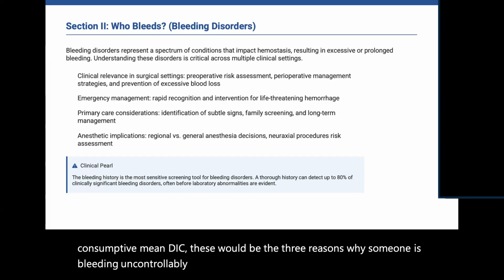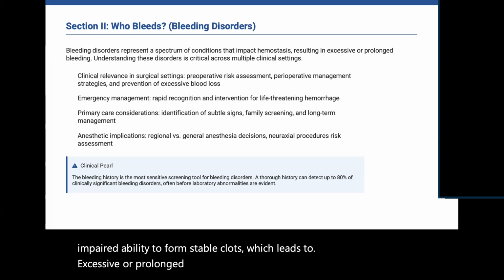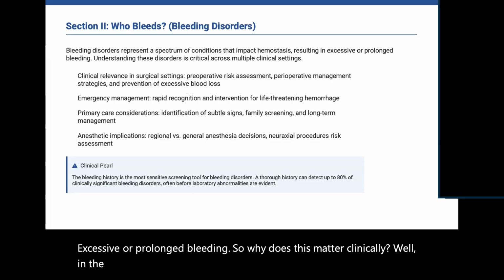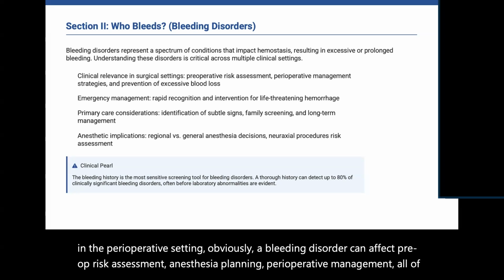Now, the net result of a bleeding disorder is the impaired ability to form stable clots, which leads to excessive or prolonged bleeding. So why does this matter clinically? Well, in the perioperative setting, obviously a bleeding disorder can affect pre-op risk assessment, anesthesia planning, perioperative management, all of those factors.